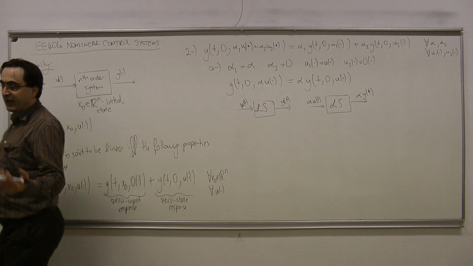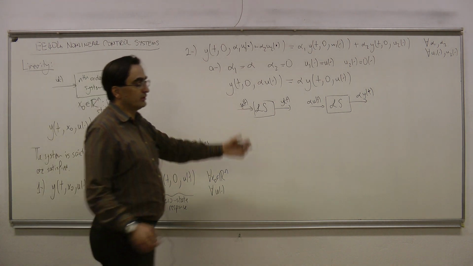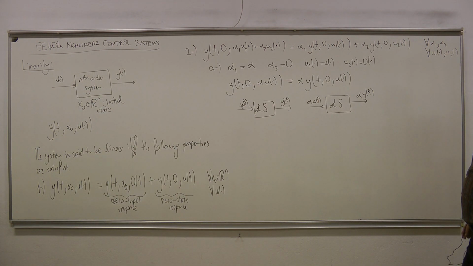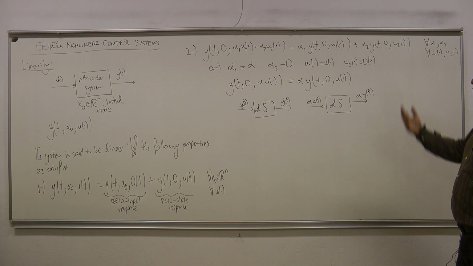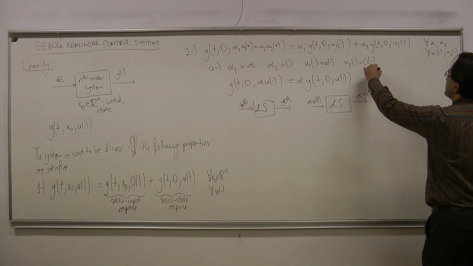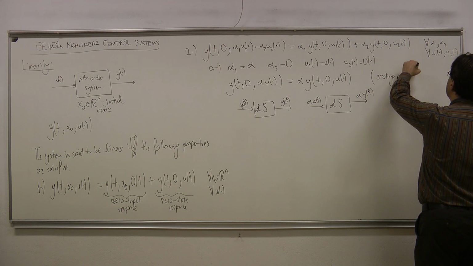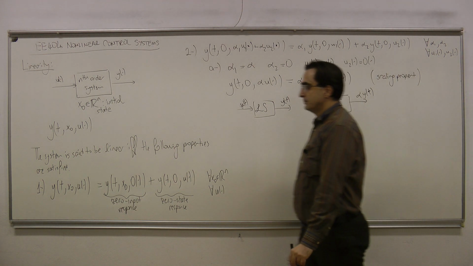So if I scale the input when I have 0 initial conditions, the output would be scaled as well with the same coefficient. This property is called the scaling property of a linear system.